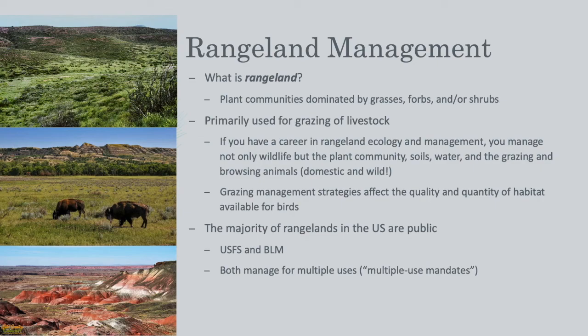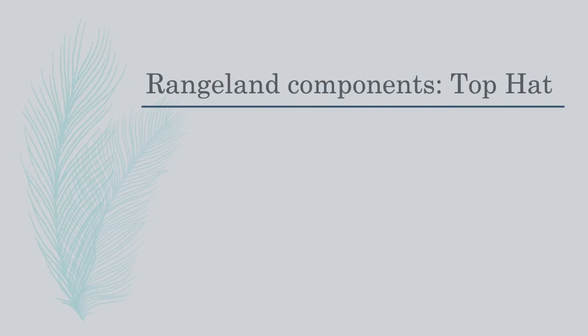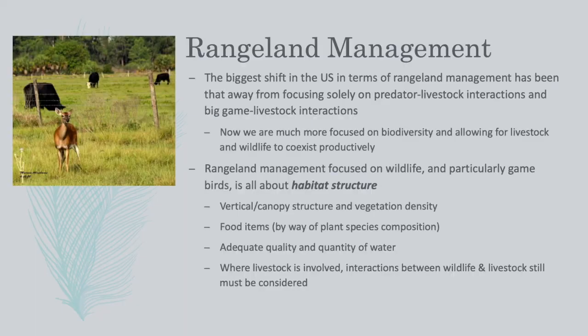Okay, so in rangeland management in the US, the biggest shift has been a shift away from focusing solely on that predator-livestock interaction that we learned about through Aldo Leopold, where there were predator bounties because of the fear of livestock losses. So we've shifted away from focusing only on predator-livestock interactions and big game livestock interactions.